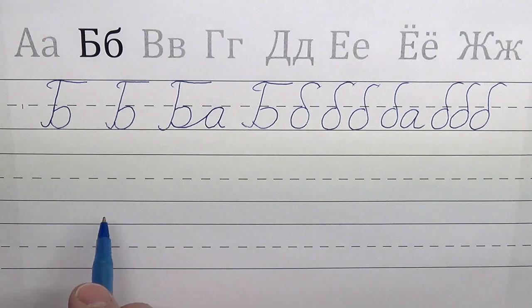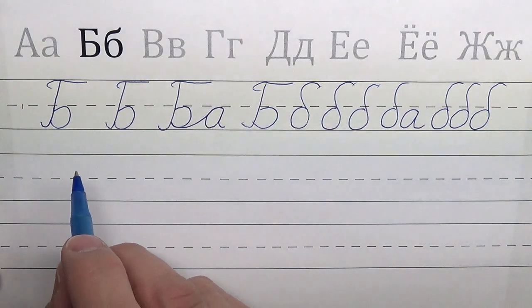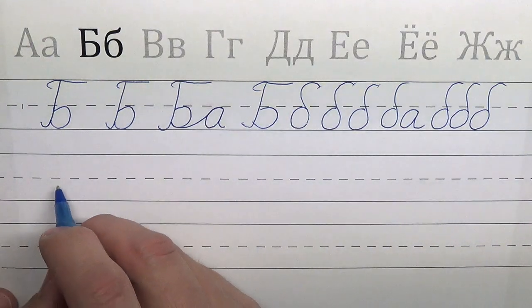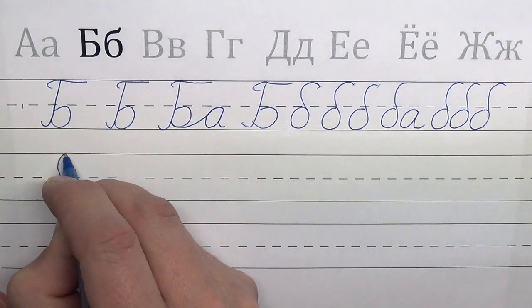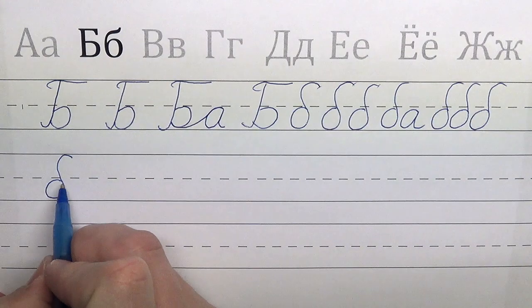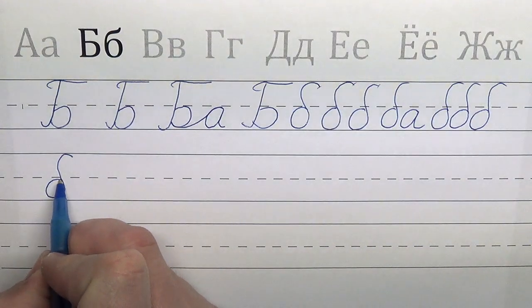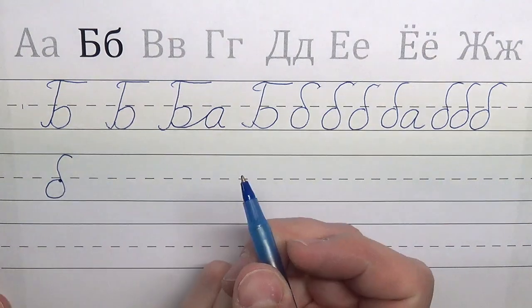So, connections. Coming into a B, as I mentioned, B, like most cursive lowercase letters, is a high in connect or a high starting letter. The starting point for our B is here.